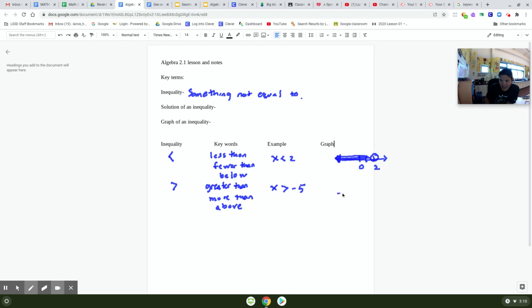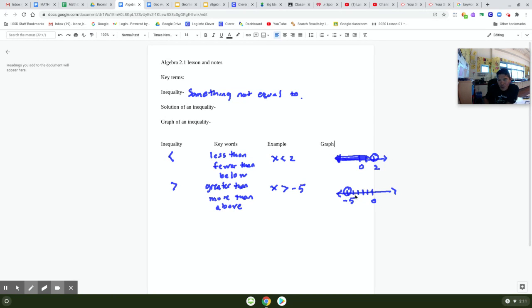To represent that on my graph, again, I always want to put 0 on my graph. -5 is to the left of 0, and I count out the number of spaces, going by ones here, to -5. Similar to the last example, all the numbers that are greater than -5 do not include -5. -5 is not greater than -5, so we don't want -5 included.